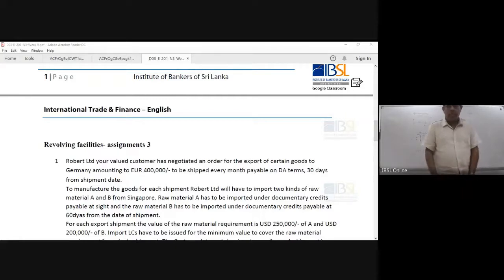Therefore, this LC will be outstanding for 8 weeks. Right. So that's your base of calculation. It will attract 1 or 2 marks. Very likely it's 1 mark.